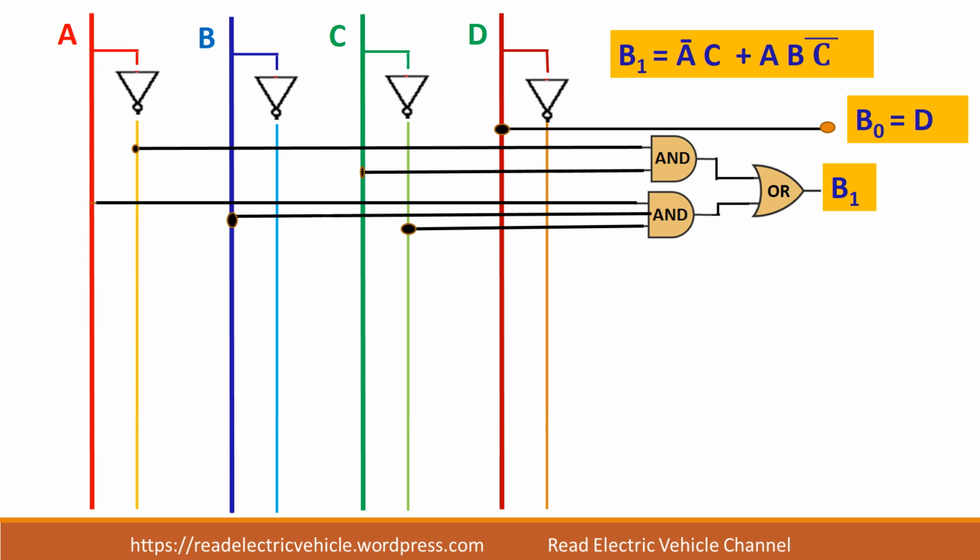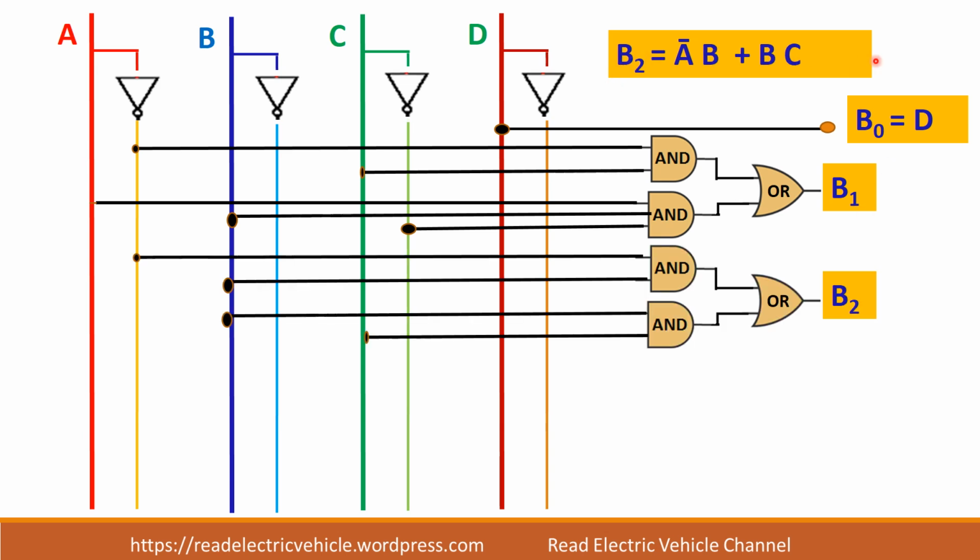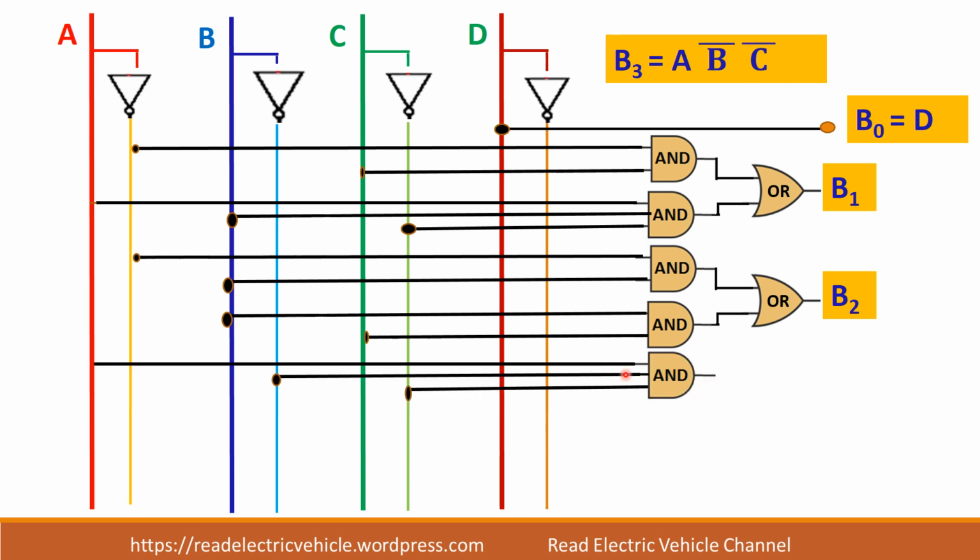B1. Next B2 is given by A bar B plus BC. Again one AND gate, here one AND gate, 2 AND gates which are connected through a OR gate. Then B3, we have A, B bar, C bar. It means that only 3 input AND gate is required.